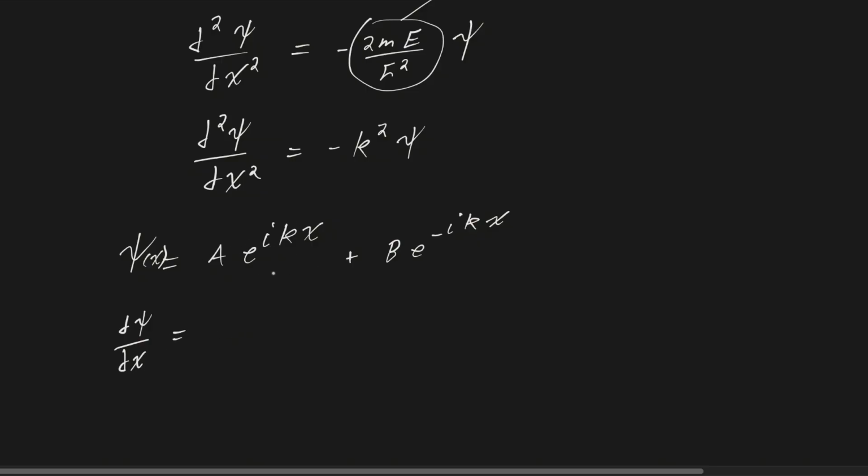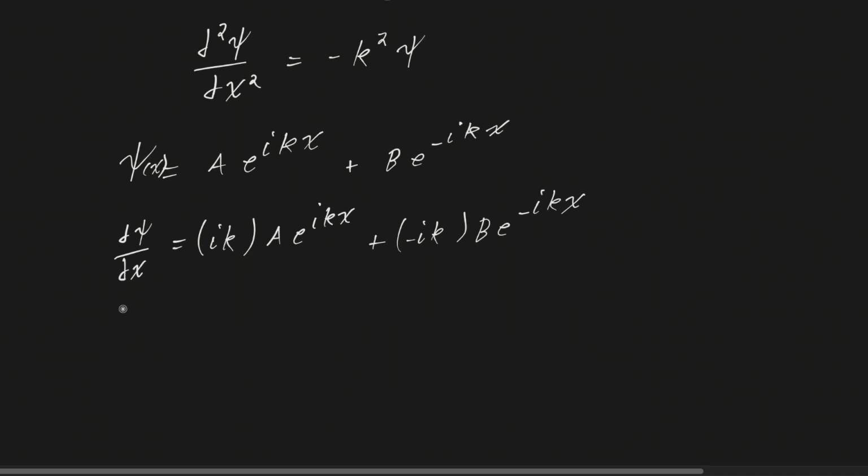A and B are constants, so for the derivative of a complex exponential, you just drop whatever is next to the x. The first derivative is ik A exponential ikx plus minus ik B exponential minus ikx.